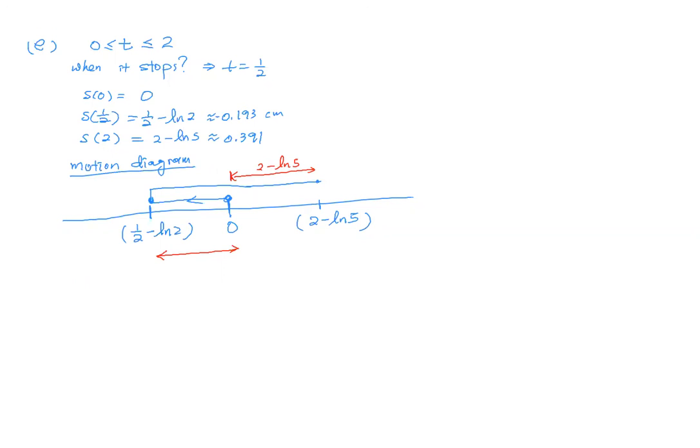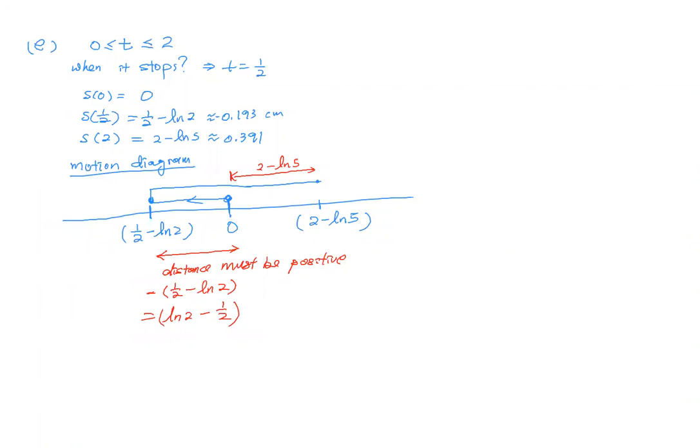Why? Because it's negative. So I have to make it positive to get the distance. So I will write this as negative of (1/2 minus ln 2), so it's ln 2 minus 1/2. Are you clear? That is how I have it in my mind.